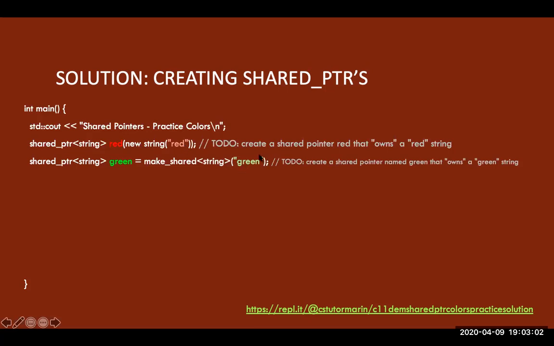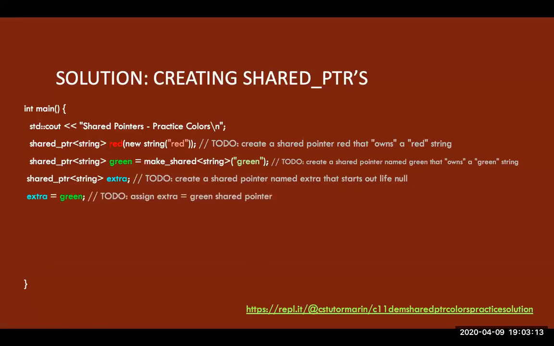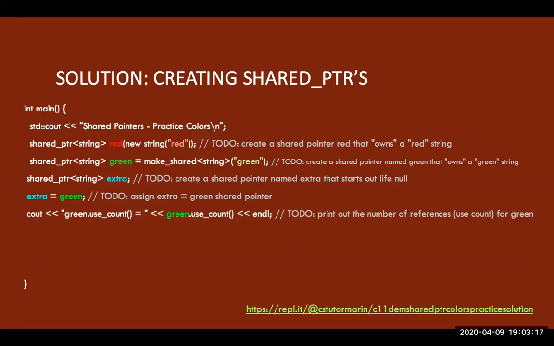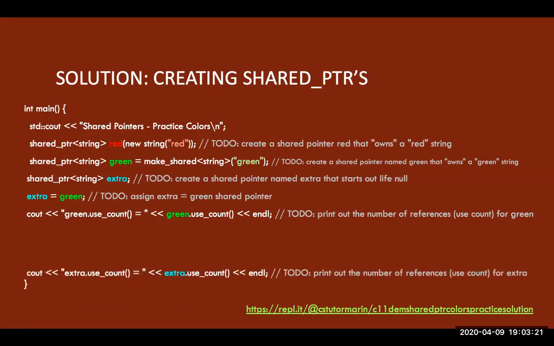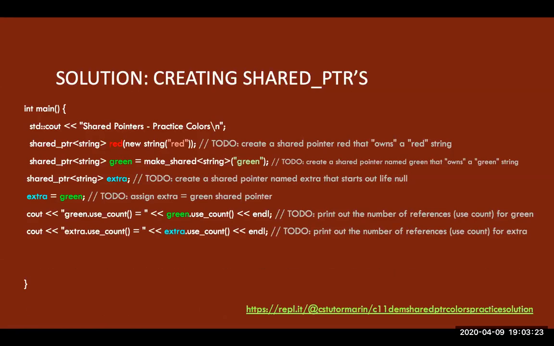Here we're letting make shared instantiate the string for us, but we're just passing in the constructor arguments for the string class, right? And there's our null extra. And then when we point extra to green, the usage count on green should go up, right? So if we print that out, we should see that there are two shared pointers referring to that, right? And if we print out the usage count on extra, it should match, right?